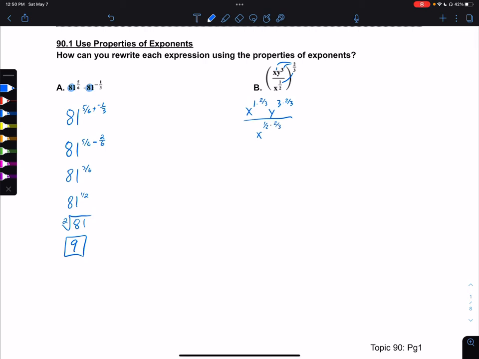So in powers to powers, you are multiplying. So this 2/3 is being multiplied to each of your exponents inside the parentheses. So when you're multiplying and cleaning that up, we have x, this would be to the 2/3 power. Then we have y, 3 times 2/3, that would be 6/3, or just 2. So we would have y squared.